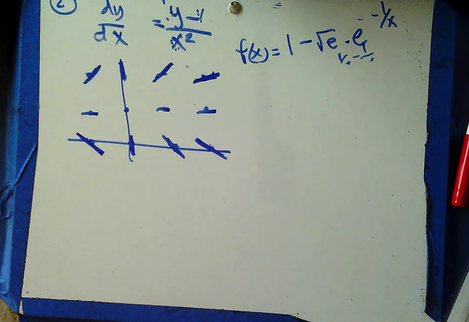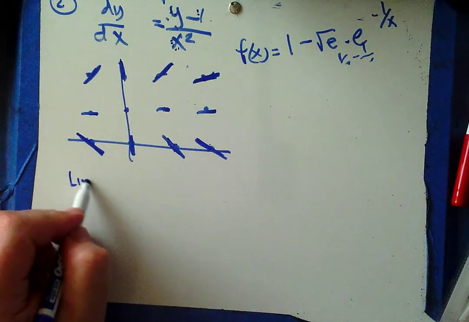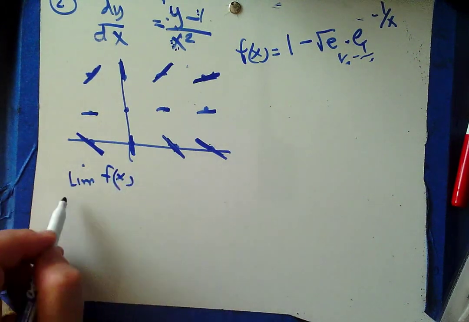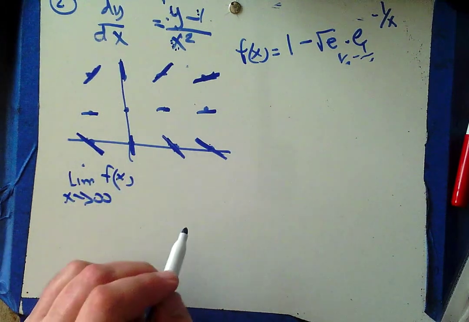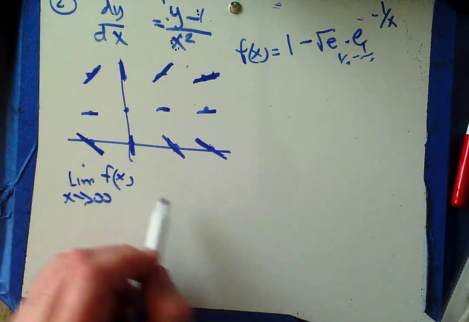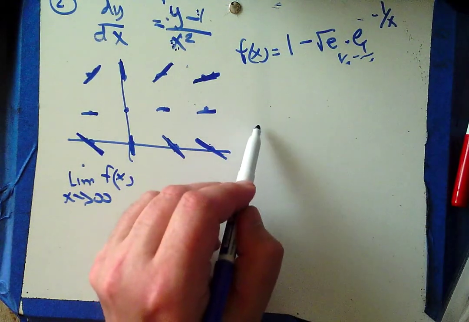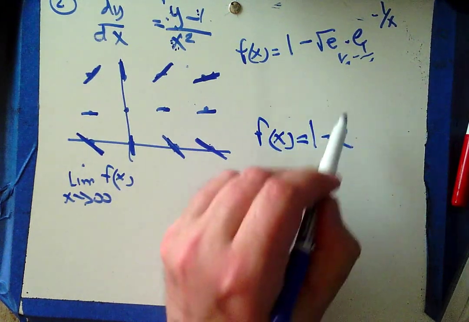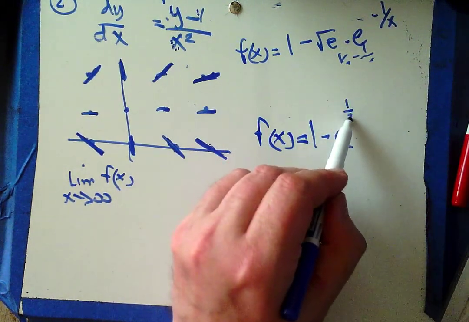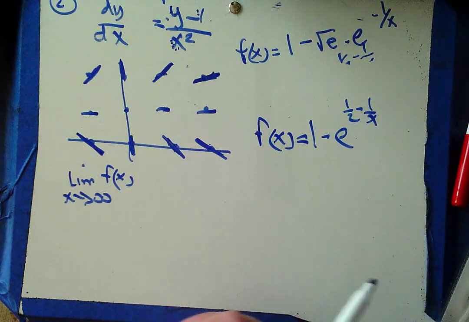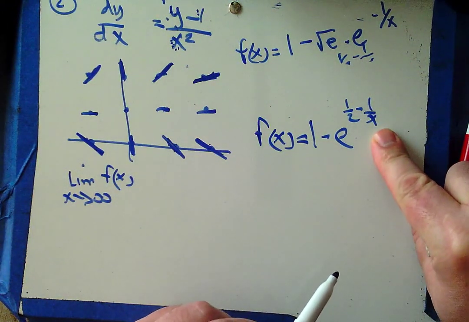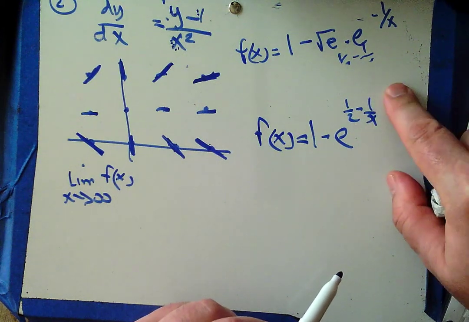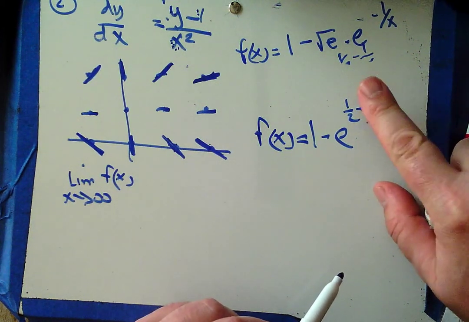And then it says here, hey, what's the limit of f of x as x heads to infinity? So if I know that f of x equals 1 minus e to the 1 half minus 1 over x, and I plug in infinity over there, 1 over infinity is 1 pizza, infinite people, that's 0 pizza for you.